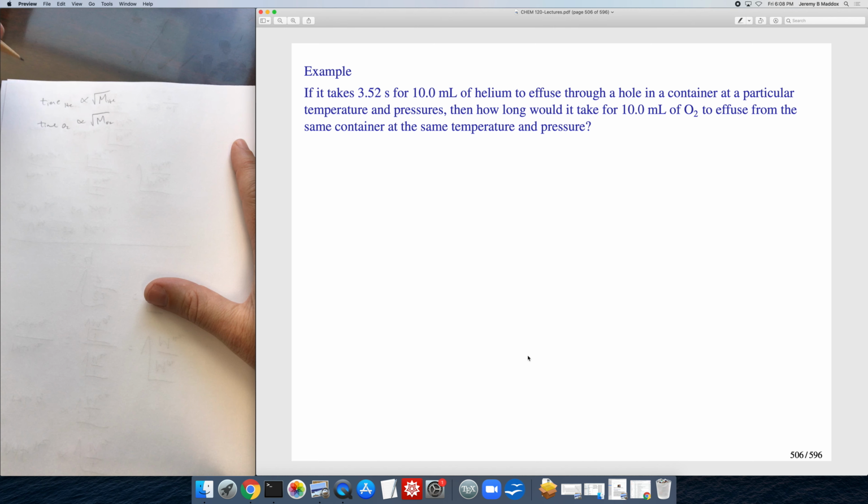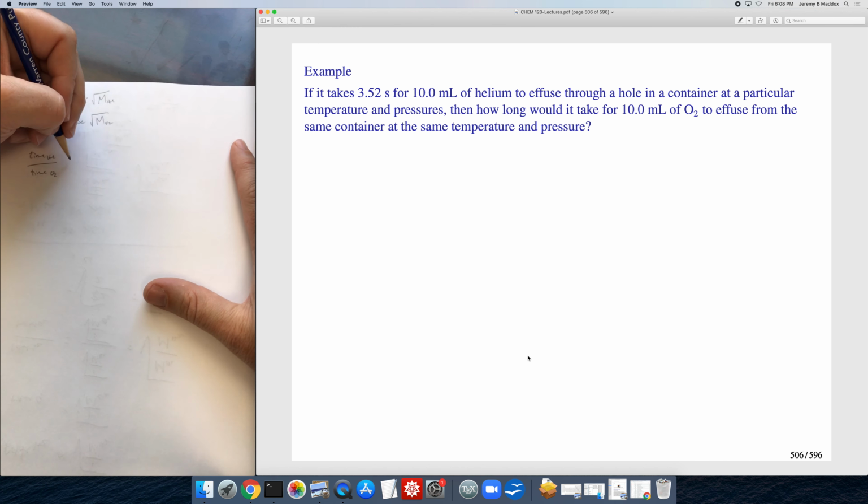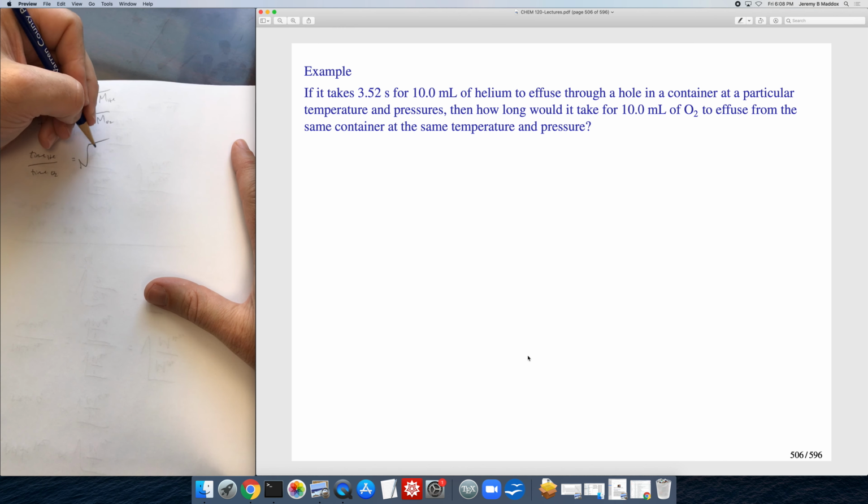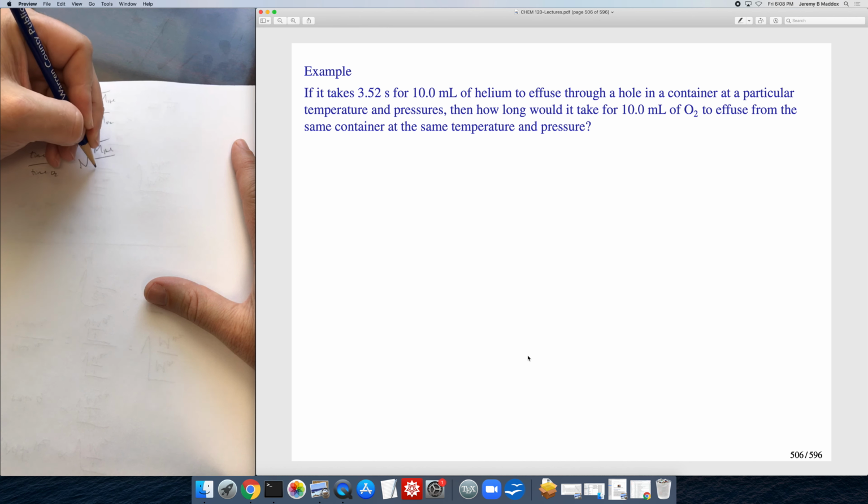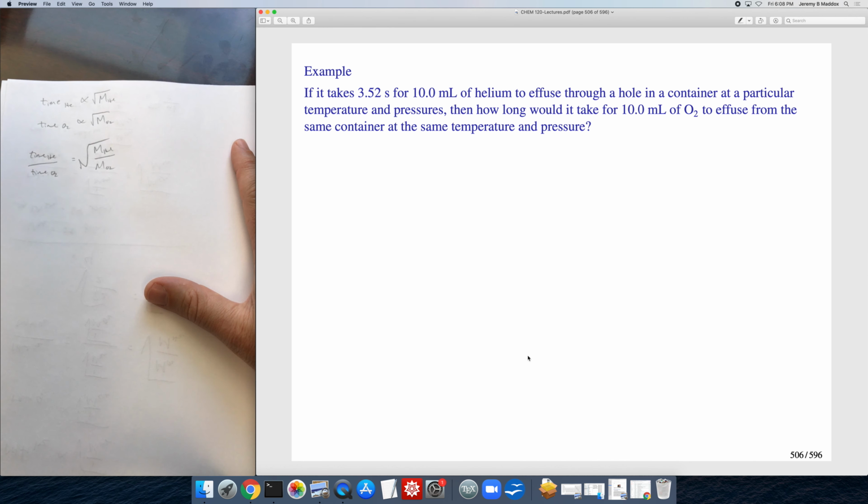So what we'll do is we'll take a ratio of the two equations, and then we'll solve for the time it takes for O2 to effuse.